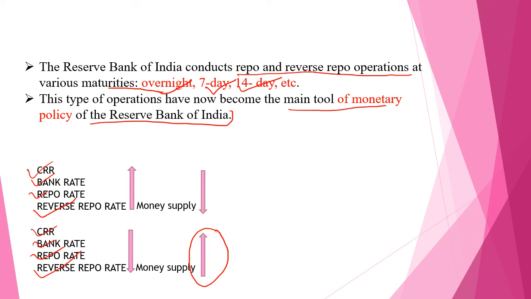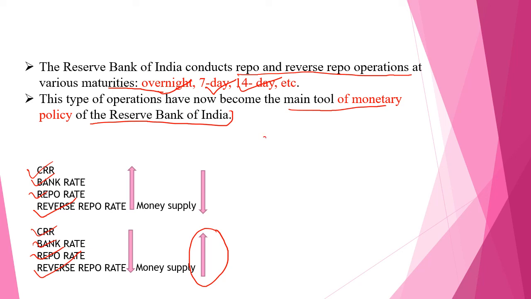Once more I repeat: CRR increases, money supply decreases; bank rate increases, money supply decreases; repo rate increases, money supply decreases; reverse repo rate increases, money supply decreases. Then if CRR, bank rate, repo rate or reverse repo rate decreases, in all cases money supply will increase.